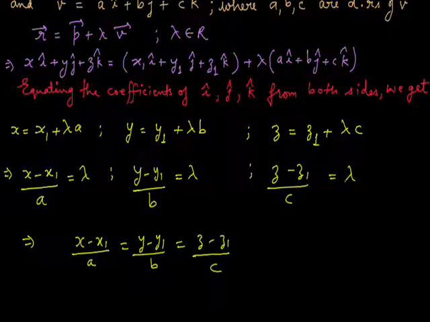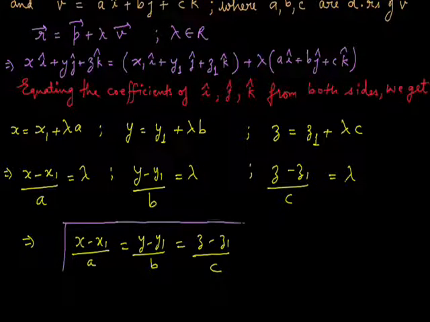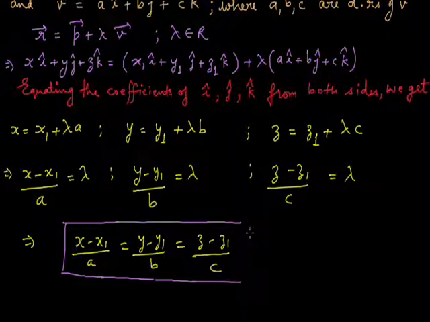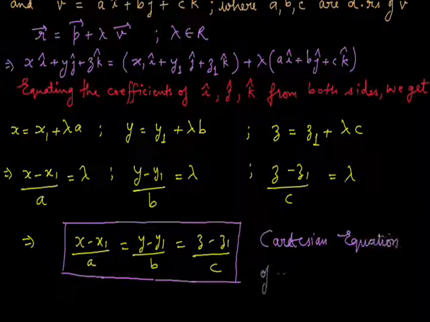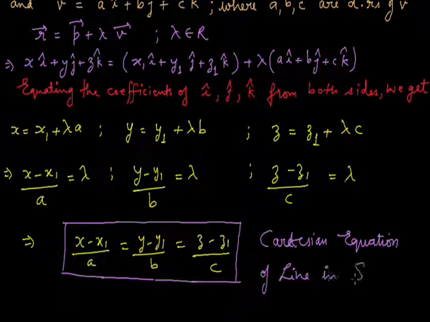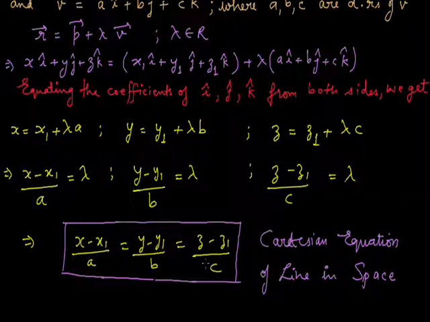This is the Cartesian form of the equation of a line in space. Here x1, y1, z1 are the coordinates of the given point, and a, b, c are the direction ratios of the vector parallel to the line.